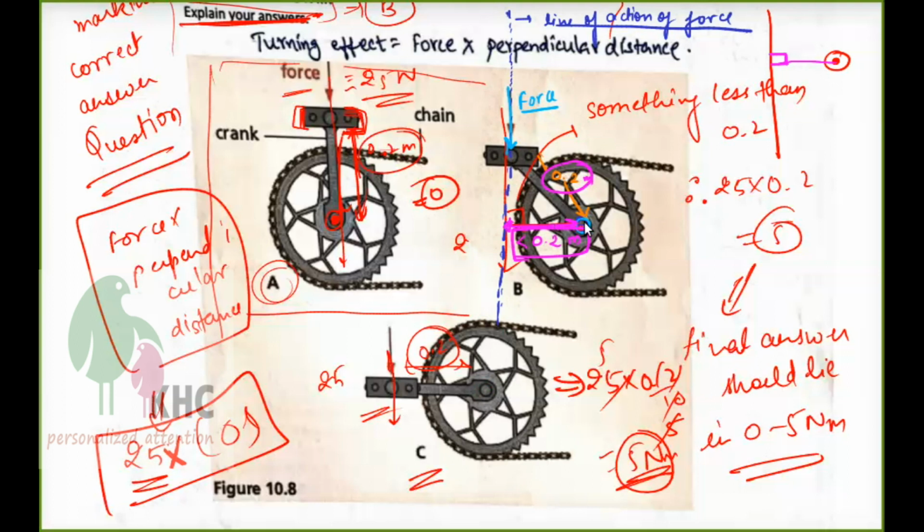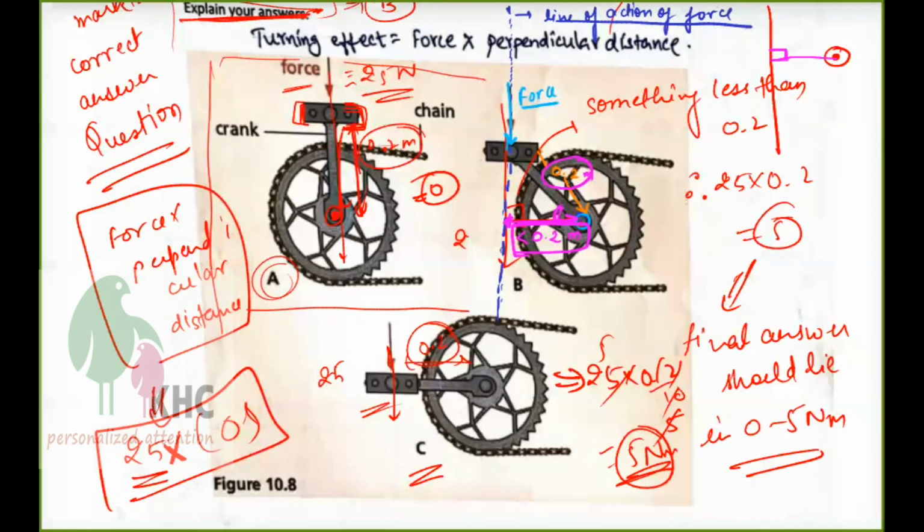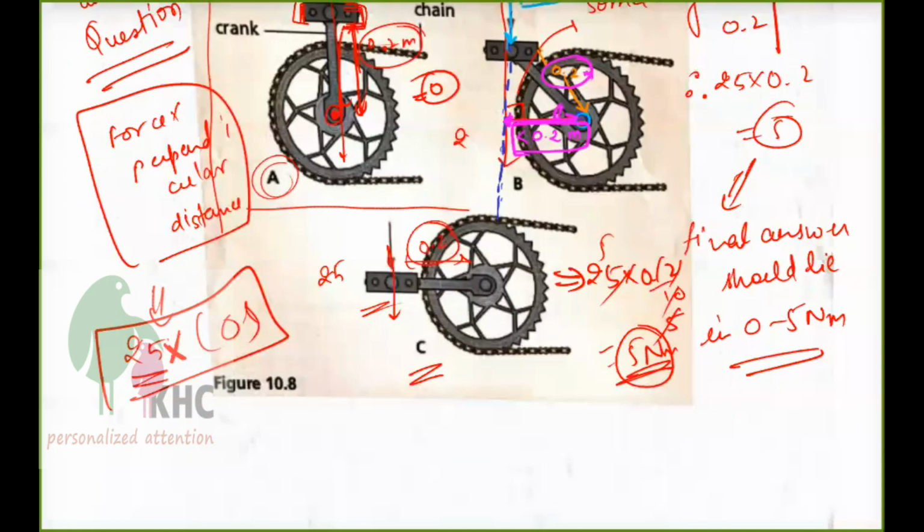Because this is basically the base and this is the hypotenuse. So this is going to be something less than 0.2 meters. It might be 0.15, it might be 0.1. I don't know. It totally depends on this angle. Fine. Is this thing clear?